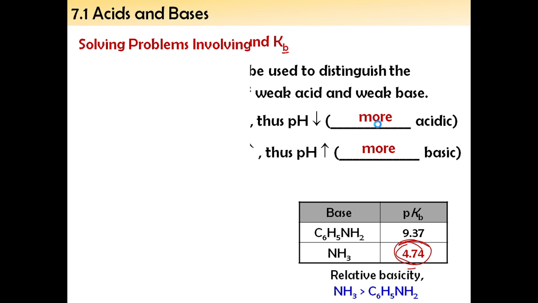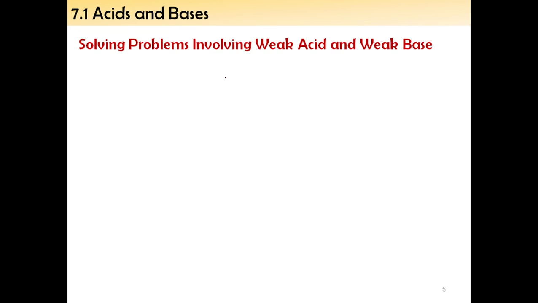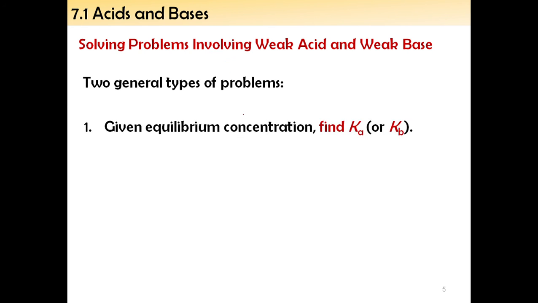So next, kita terus pergi learning outcome G di mana kita nak go through the calculation for weak acid and weak base. So we have two general types of problems. The first one is you are given the equilibrium concentration and you want to find Ka and Kb. Kenapa boleh ada equilibrium pula dekat sini?